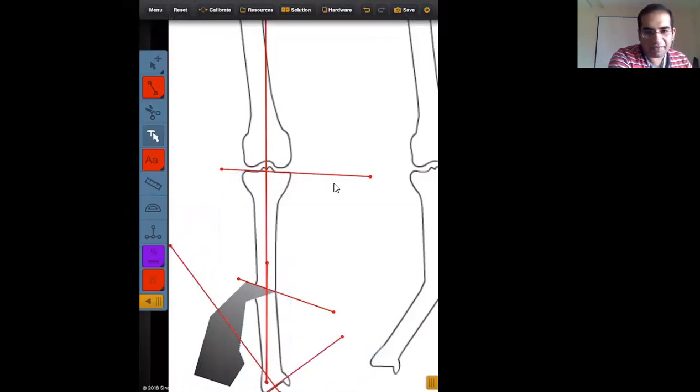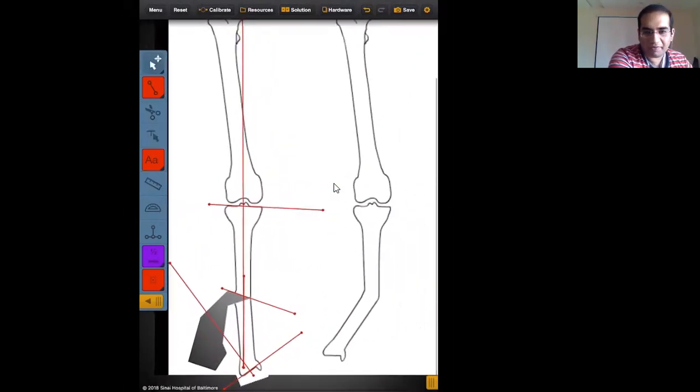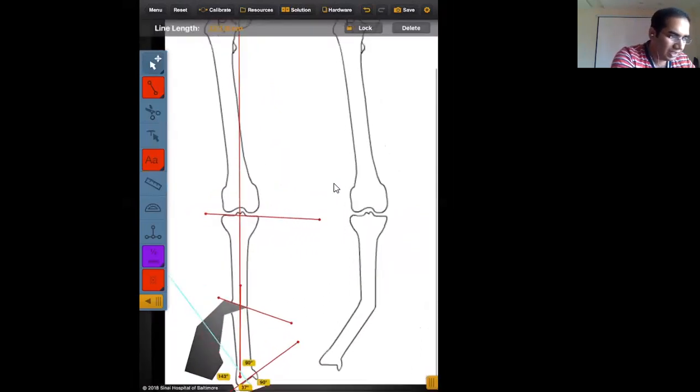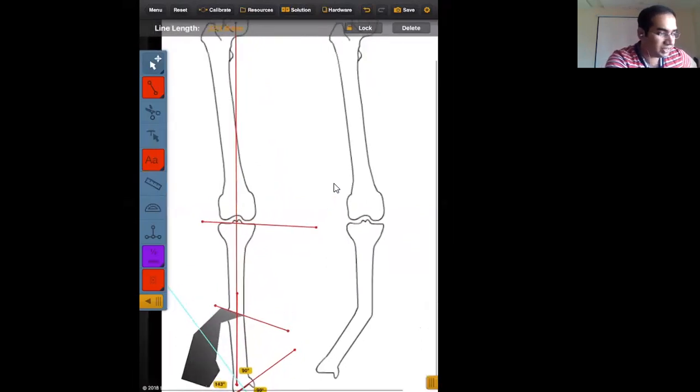Now the tibial shaft has been corrected, but now look at the shape of the ankle. We have addressed the tibial deformity, but now the ankle has gone into valgus, and it is a valgus with 37 degrees of magnitude. It is not a simple deformity, it is a deformity with 37 degrees of magnitude. So now we will correct the tibial deformity.